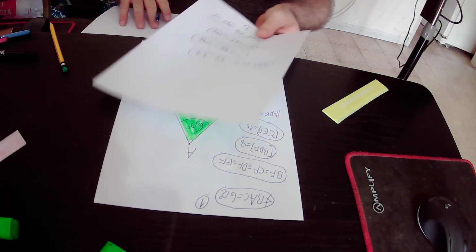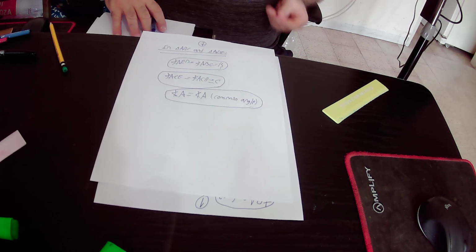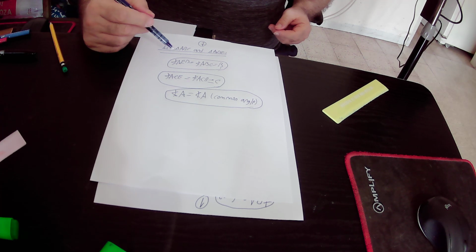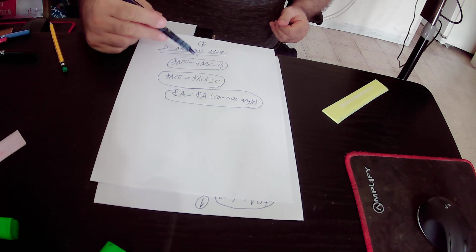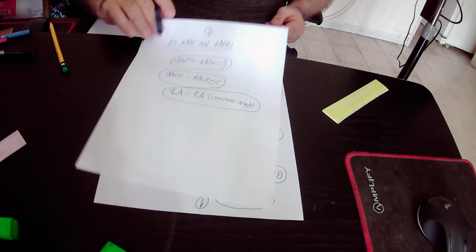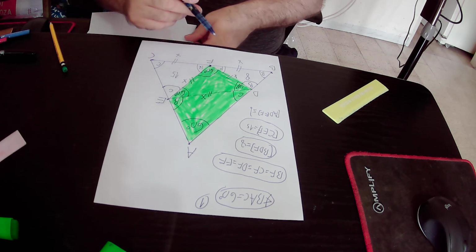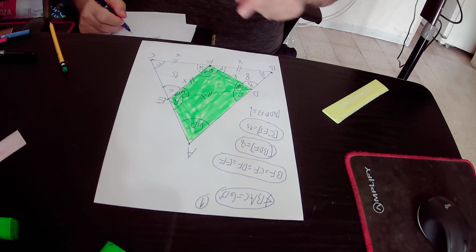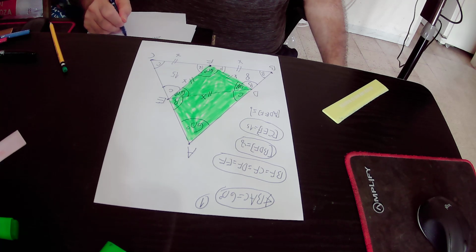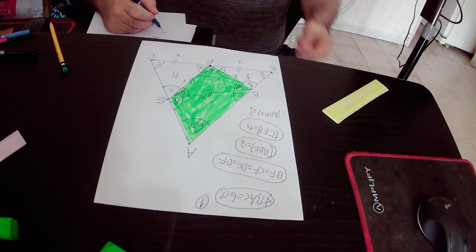Okay, so we actually proved that all the angles in triangle ADE are congruent to all the angles in triangle ABC. Therefore, we actually proved that the small triangle ADE is similar to the big triangle ABC, according to the angle similarity rule.